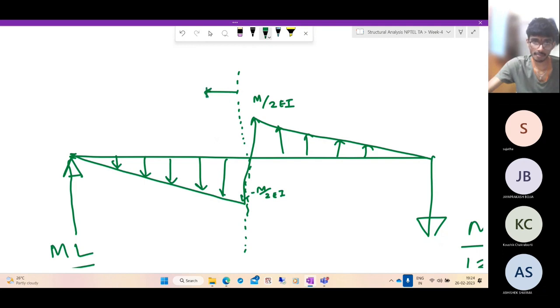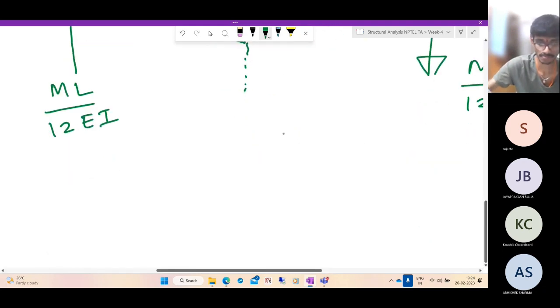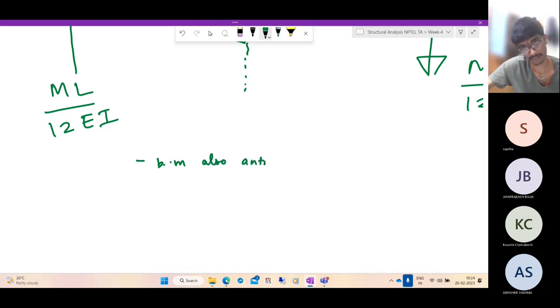To this side, if you take a point x, and to this side, a point at the distance x from here, if the deflection is v, here the deflection will be minus v, and vice versa. So loading is antisymmetric, support reactions are antisymmetric. So we expect the bending moment also antisymmetric. So it is sufficient to look at only half of the beam at once.